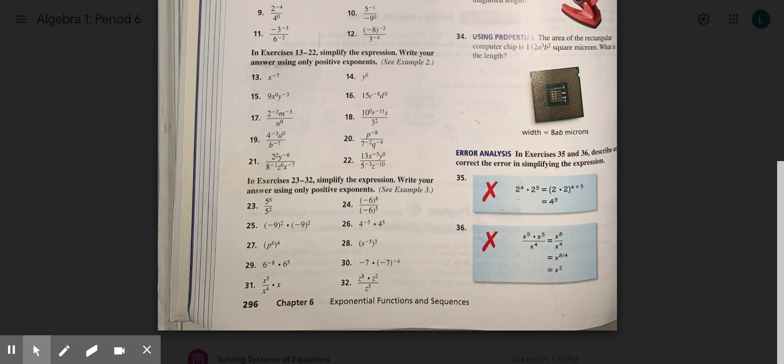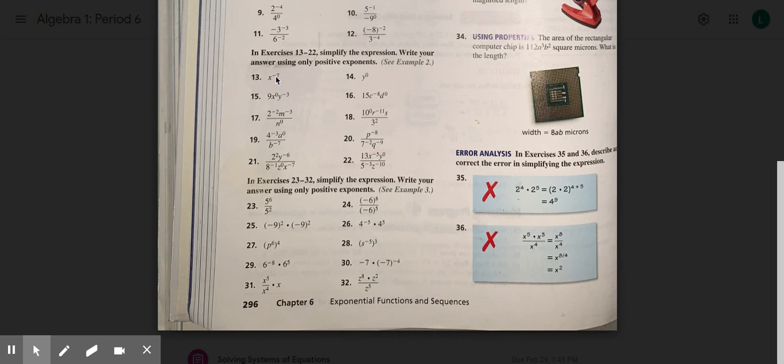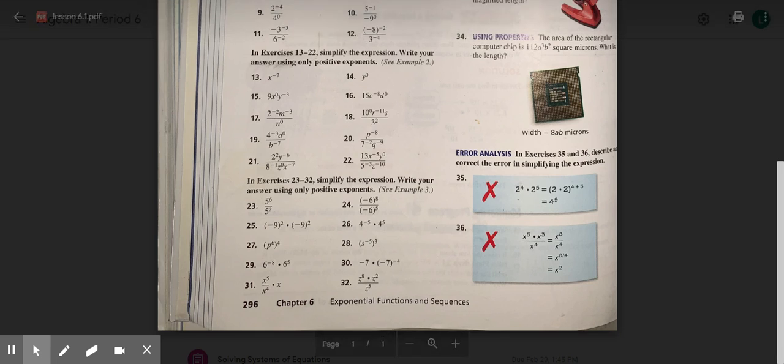Okay. So a couple things to remember. When working with negative exponents, you have to flip it, the reciprocal, and make the negative exponent a positive exponent. If it is a numerator, it needs to then be flipped to the denominator as a positive 7.